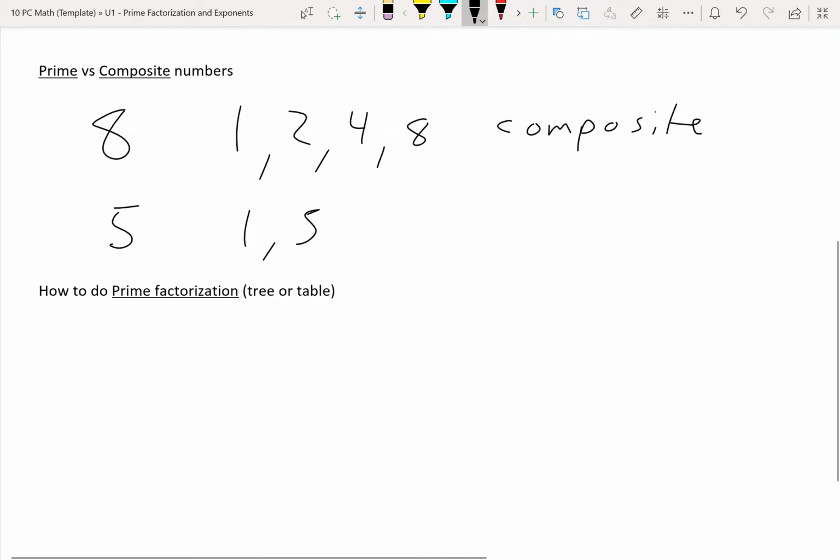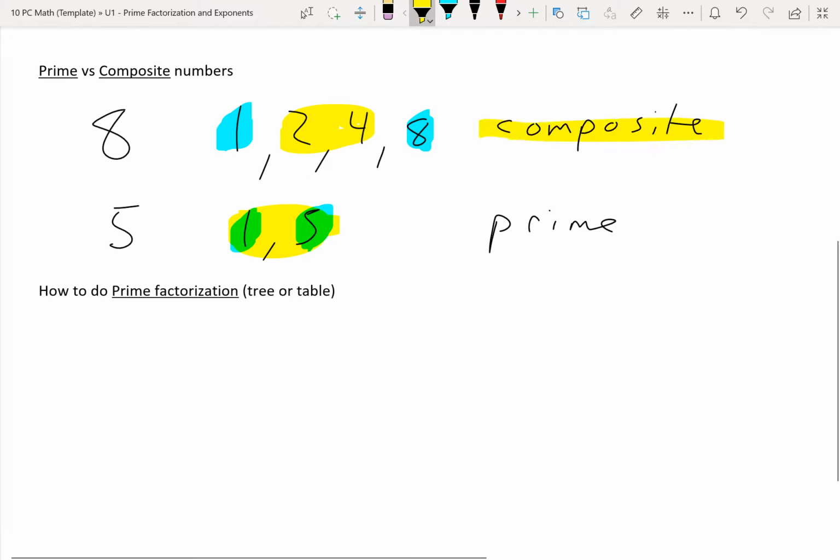Everything else gives a decimal. This is a prime number. The reason it's prime is because it only divides by itself, which is 5, and 1. 8 also divided by itself and 1, but it also had these extra factors. So if any number has extra factors like that, more than just those two, it's composite.